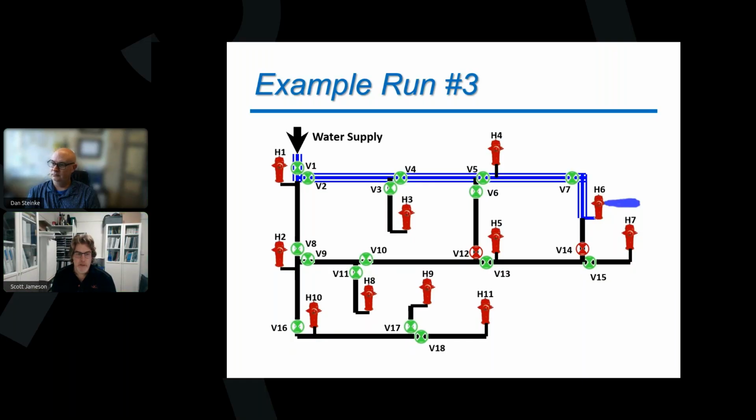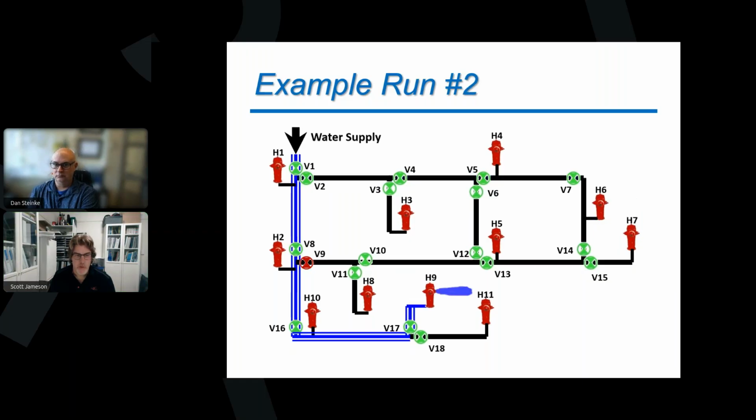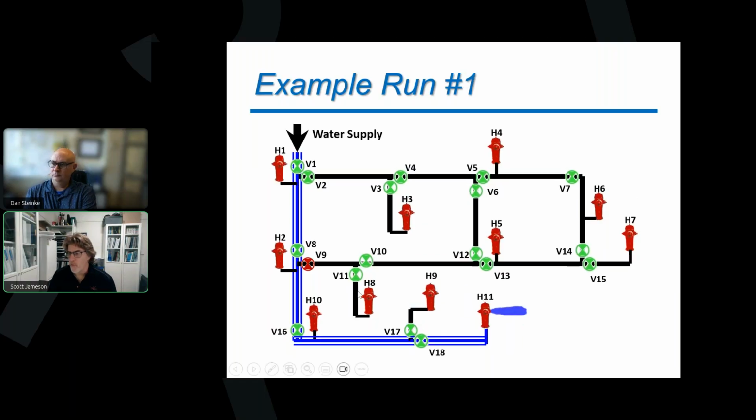Good question. Let's go back to flushing run number 1 here, right? What you're going to want to look at in this case is that I'm going to be flushing from hydrant number 11.